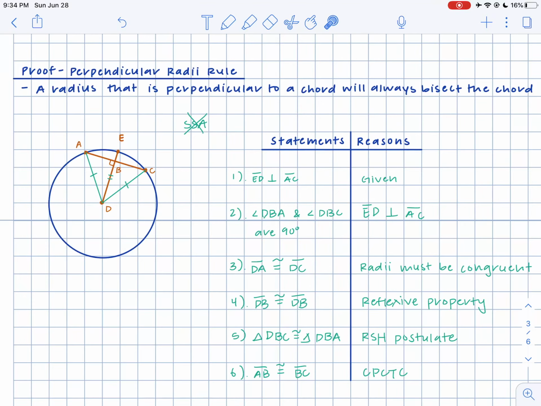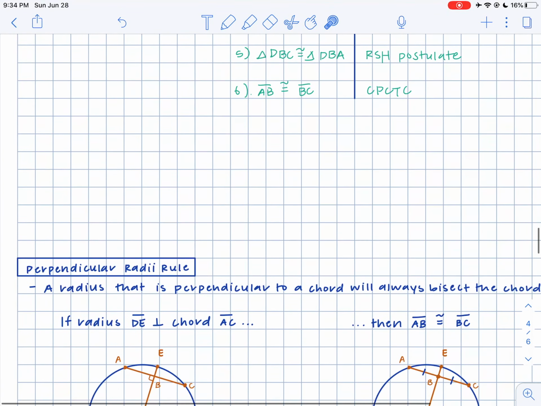Parts that correspond to each other in two triangles, such as AB corresponds to BC. They correspond to each other, and these two are congruent triangles, and because they correspond to each other, then these are congruent. So we can conclude that AB is congruent to BC because they correspond to each other, and these two triangles are congruent to each other. So we just looked at the proof for the rule that we just learned.